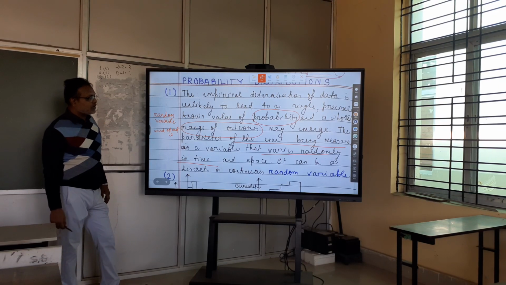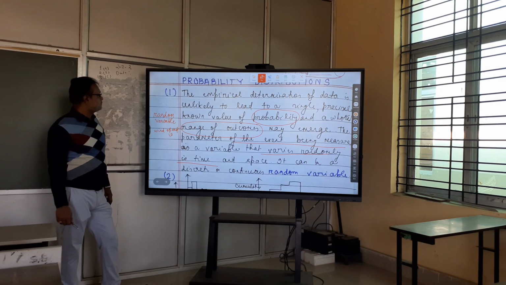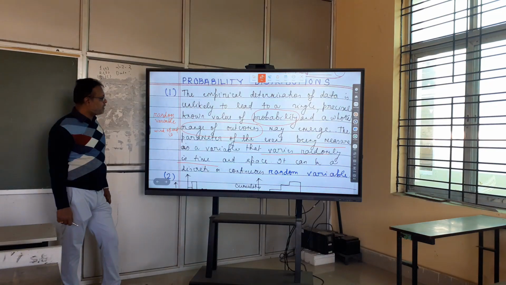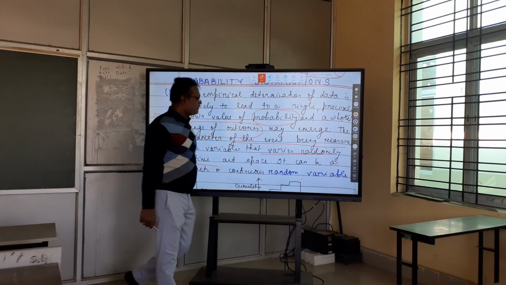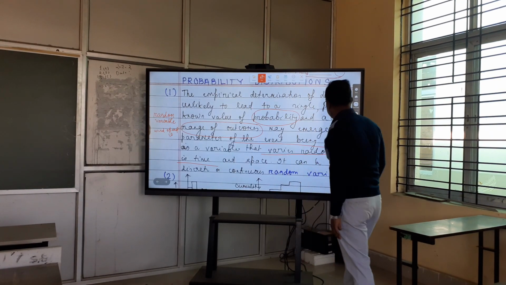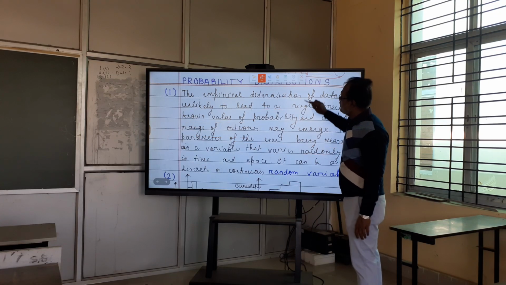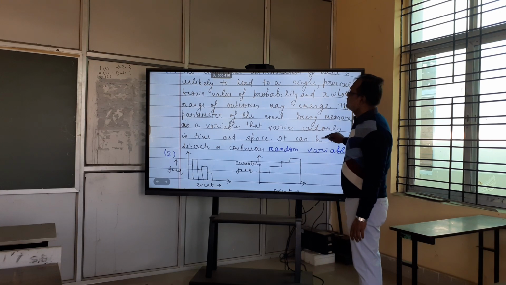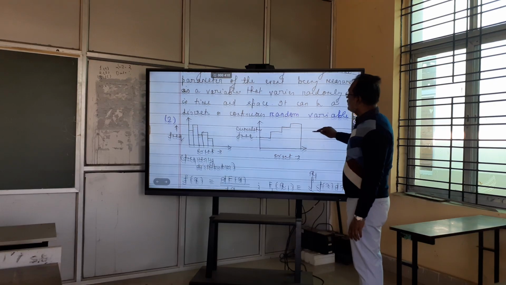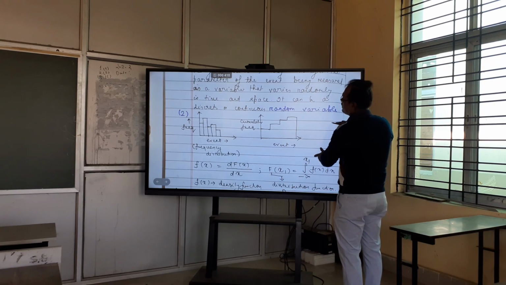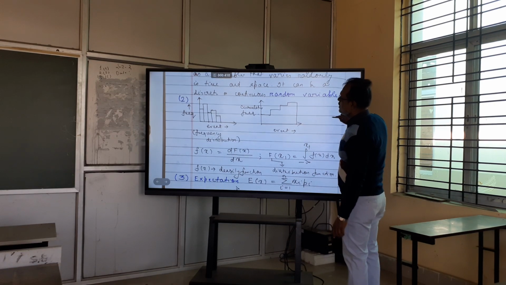It can be discrete or continuous. So you can write down: an event may be represented by a continuous or discrete random variable.